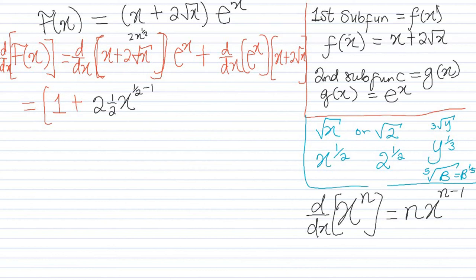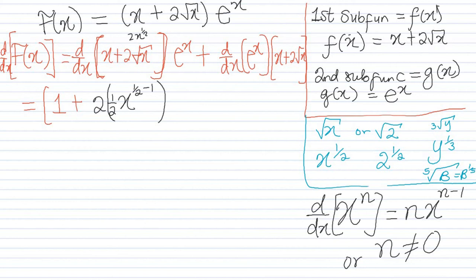This power rule can only apply when n is not equal to 0, or n is a real number. And guess what? 1 over 2 is not equal to 0, and it is a real number, so we can apply it here. So this is what is going on here.